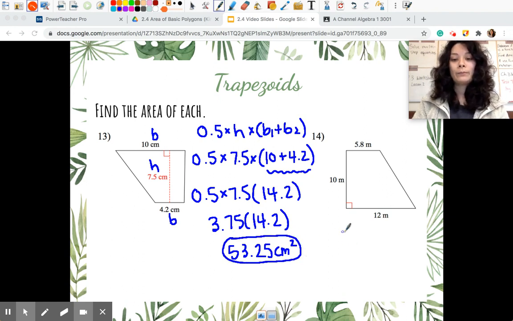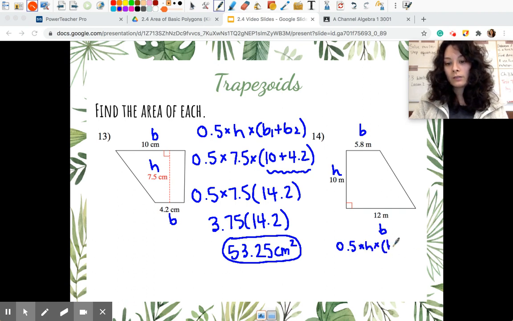Okay, so that's example number 1. Let's do the next example. Here I know it's a trapezoid again because I've got two bases connected by a height, and then one of the side lengths is slanted. So I'm going to do the same thing. I'm going to start by writing my formula. I'm going to have to try and write a little small here because I'm running out of space.